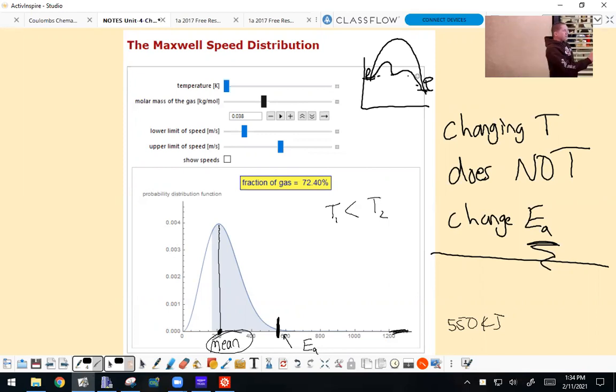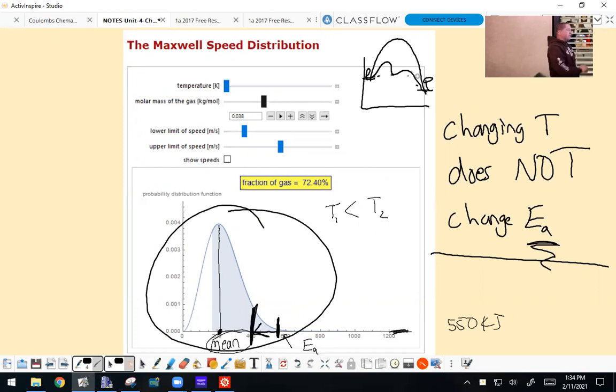So now, instead of changing the big graph, if you add a catalyst, it shifts this line maybe to 400, let's say. So now without changing the temperature, you have more particles that possess enough energy to make the reaction happen.